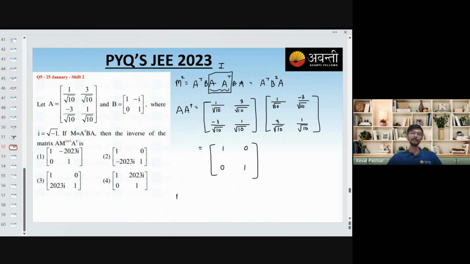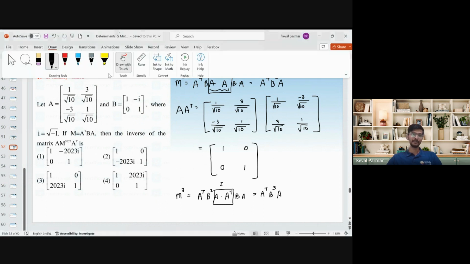So what will M cube be equal to? M cube will be equal to A transpose B square A, that is M square into M. What is M? A transpose B A. Again, this will be equal to I, and B square and B will get multiplied. So I'll get A transpose B cube A. Now, if you have not noticed the pattern, let me show you.